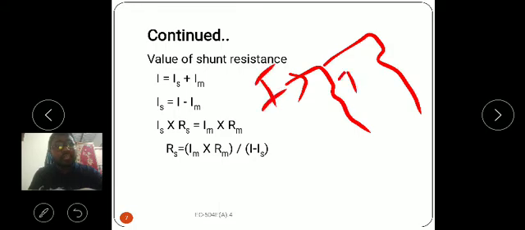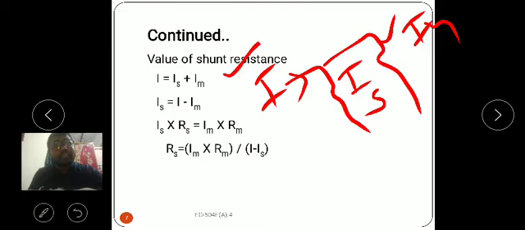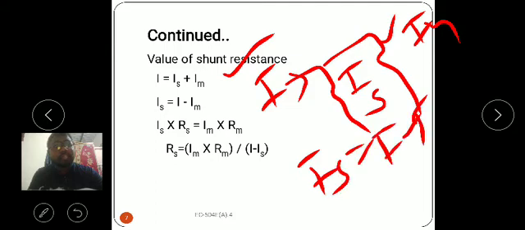The distributed current in the shunt resistor is IS, and the current flowing through the meter is IM. That means the total current I is equal to IS plus IM. Separating the shunt current, IS is equal to the total current minus the meter current IM.